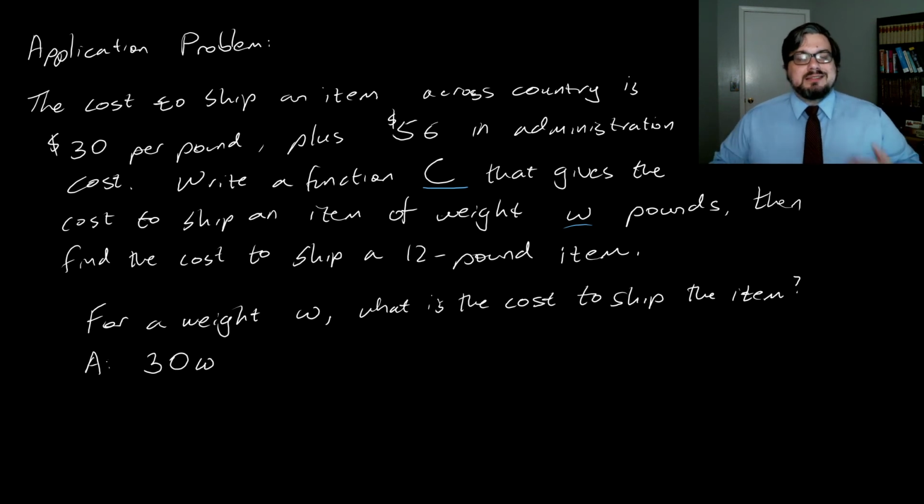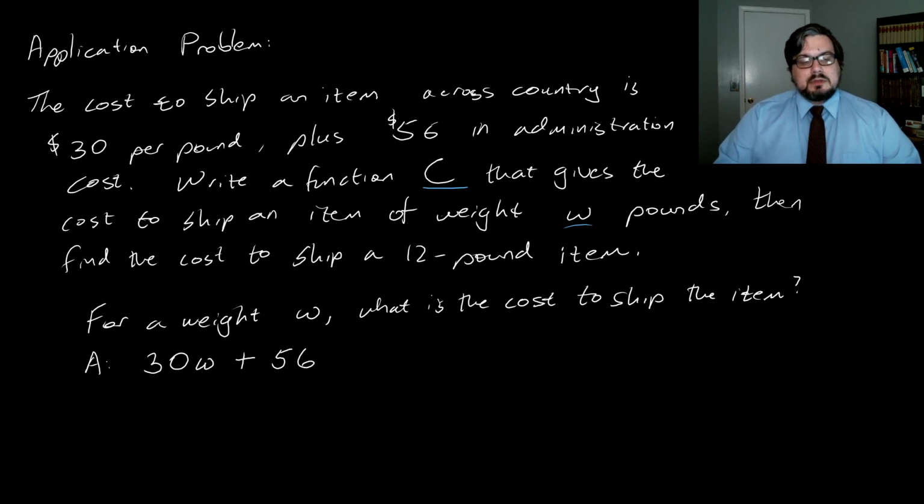So if my cost is $30 per pound, and I'm shipping an item weighing W pounds, then that part of the cost will have a value of 30W. So 30W is the sort of variable cost of shipping, and then plus 56, which is sort of the fixed cost, the administrative cost.